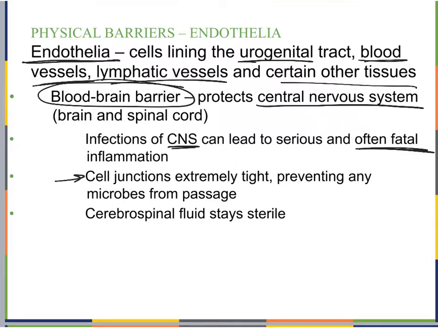The cell junctions here are extremely tight, so it can prevent any microbes from passing from the blood into the brain. And cerebrospinal fluid stays sterile. So throughout our spinal cord, throughout our brain, we have this flowing of fluid called the cerebrospinal fluid, and this actually stays sterile. So what we want to do is prevent anything from getting to it at all costs.